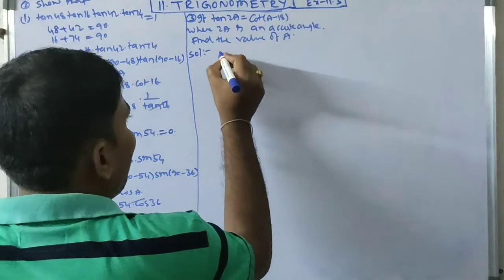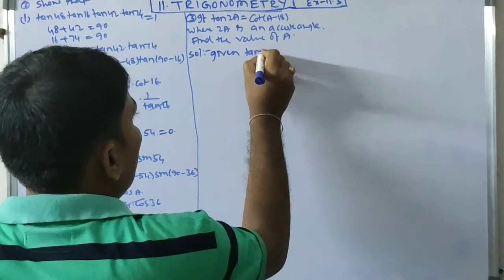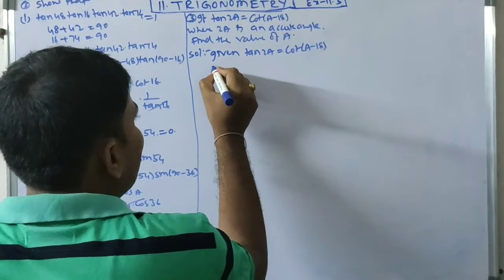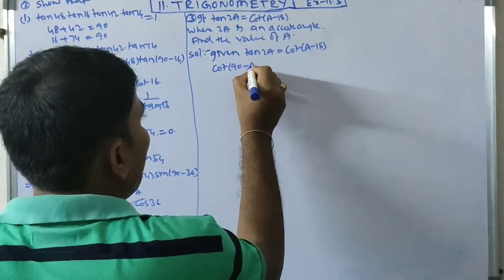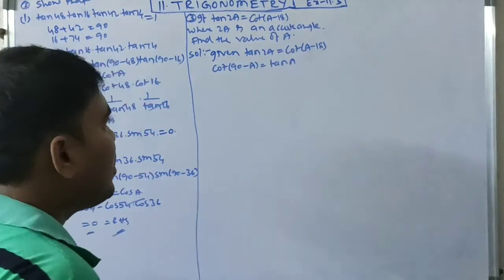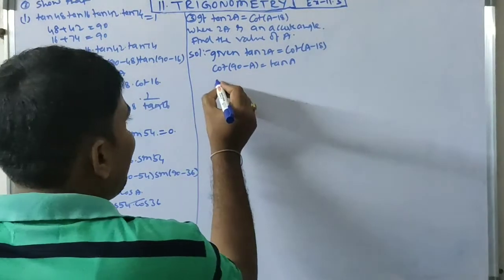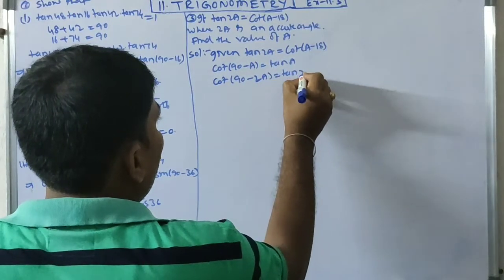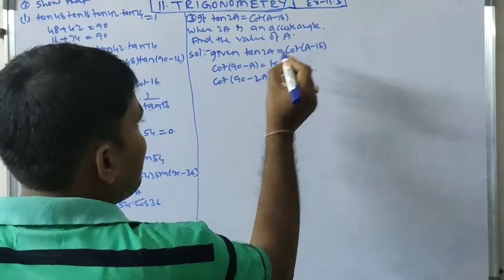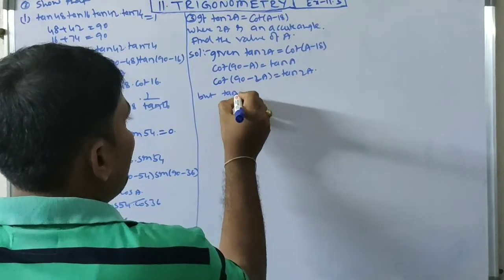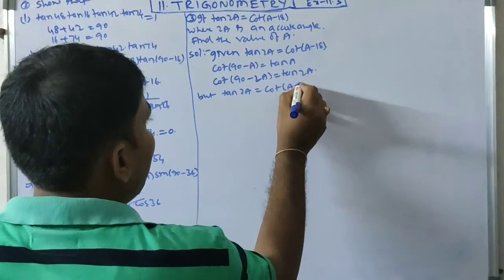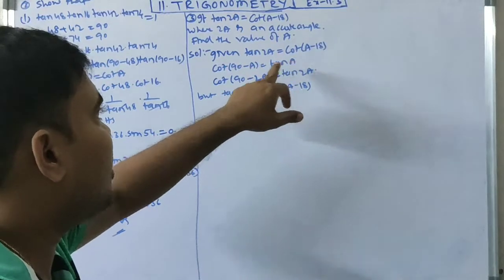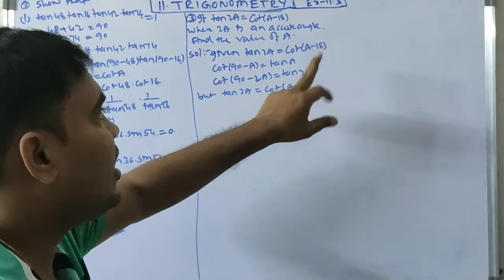We know cot of (90 minus A) equals tan A. Instead of A, I am taking 2A: cot of (90 minus 2A) equals tan 2A.